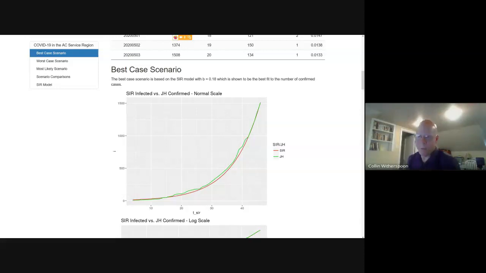You take your model, the actual SIR model, which is in red in this graph, and you take the difference between it and the actual confirmed cases, sum up the squares of the differences, take the square root, and find the smallest one. You can see that the green is the actual confirmed cases, and the red is the SIR model with that B value in it.